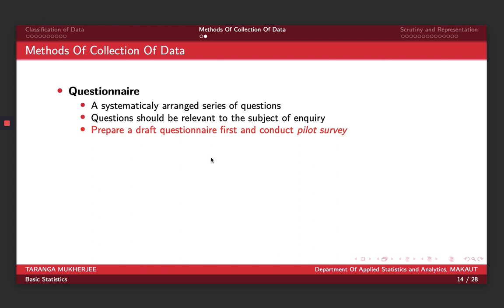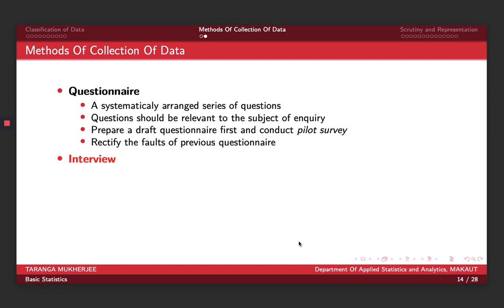If we are getting proper responses, then we can move on with the other households also. So the small scale survey is called a pilot survey. If the pilot survey indicates that the questionnaire contains some error, that can be rectified.